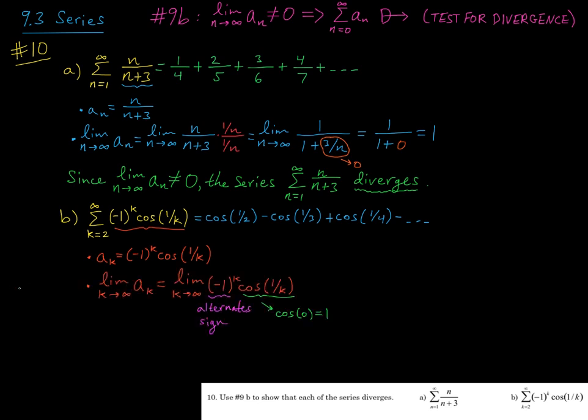And to look at the limit of a sub k as k approaches infinity, well, the negative 1 to the k, that's just going to alternate the sign from term to term. And then the cosine of 1 over k, that's going to approach the cosine of 0, which is equal to 1. So put all together, that's saying that the terms of this sequence will alternate between values that are really close to 1 and negative 1.